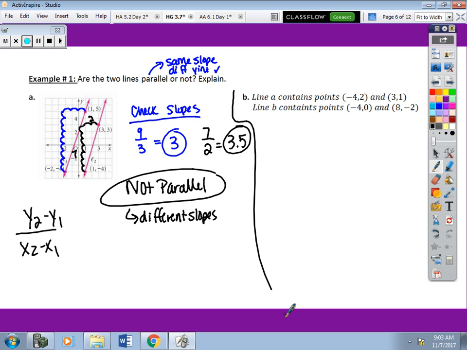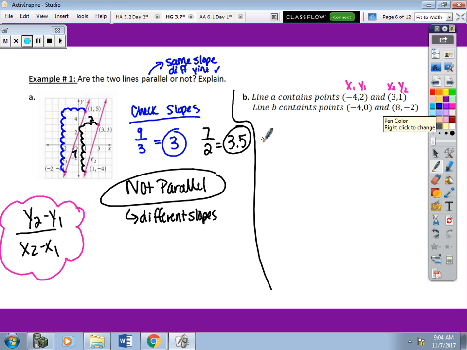Now, example B doesn't give us a graph. It gives us a set of ordered pairs. So for this one, when we check the slopes, we would want to use our formula for slope, y2 minus y1 over x2 minus x1, labeling these x1, y1, x2, y2. Remember, point 1 has 1s, point 2 has 2s.